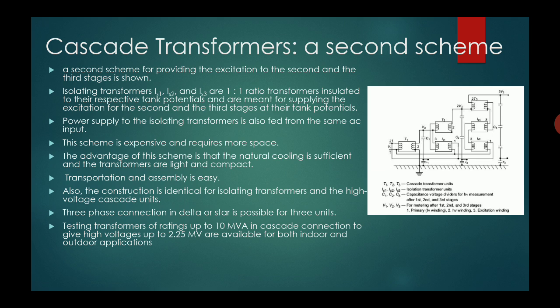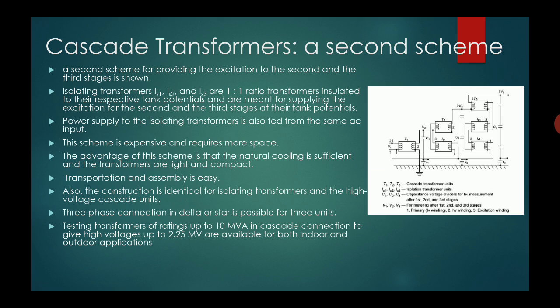Power supply to the isolating transformer is also fed from the same AC input. This scheme is expensive and requires more space. The advantage of this scheme that we need to know is that natural cooling is sufficient and the transformers are light and compact. The transportation of the assembly is easy.